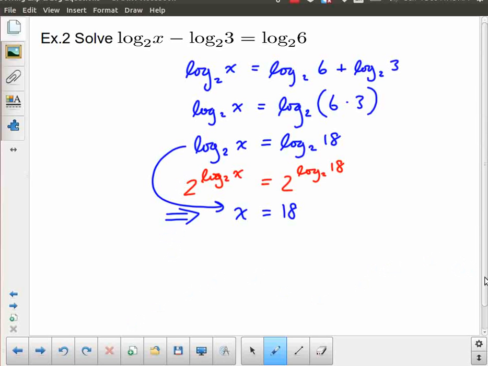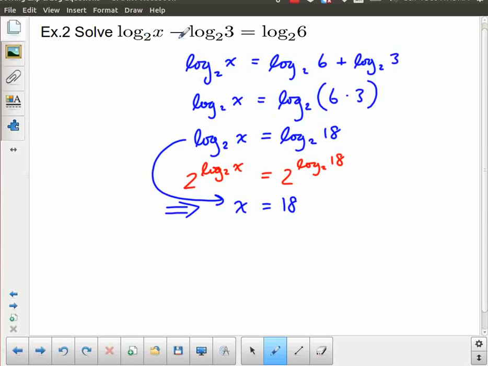Now, another way we could have done that is we could have taken care of these two terms right away and left the right side alone. Or, let's go down here. Or another way I could have done this is I could have combined this subtraction or difference of logarithms, which forms a quotient. So that becomes log base 2 of x divided by 3.